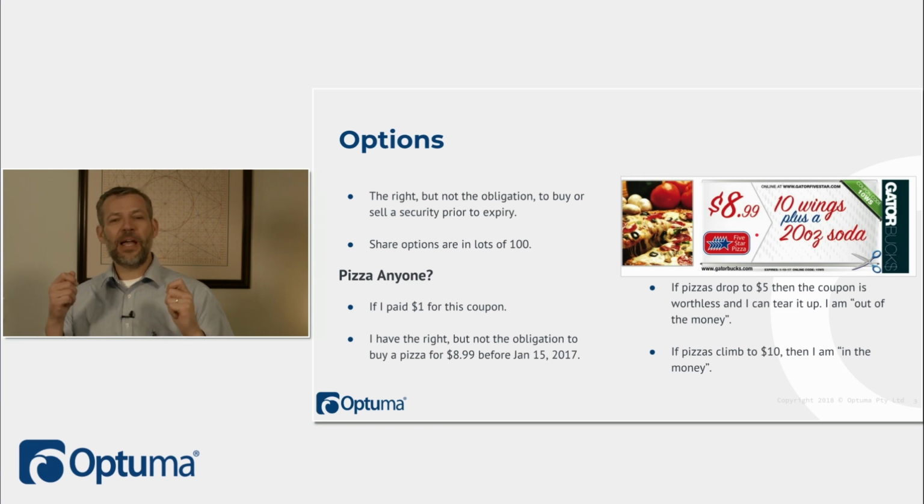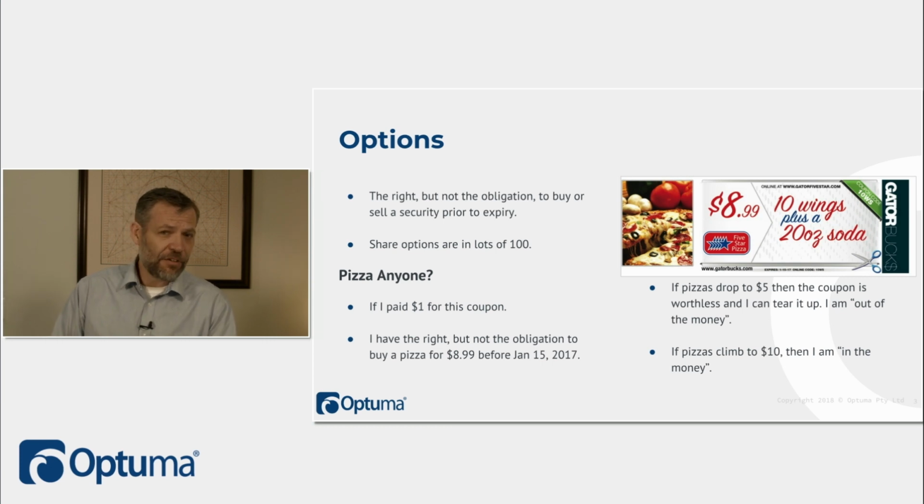So let's just say we paid $1 to get that voucher. Well, that means that I have the right, but not the obligation. I don't have to go buy a pizza, but I've got the right to go and buy a pizza for $8.99. But it is before January 15, 2017. So that's when this coupon expires and is worthless at that point.